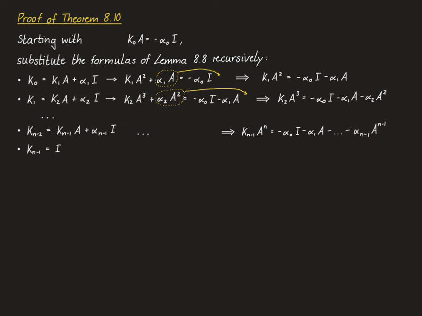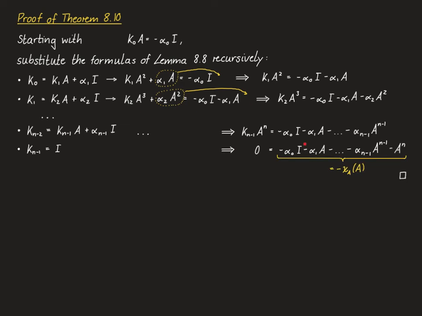Finally, with the last condition that k_{n-1} is equal to the identity, we can substitute the identity at this point here and bring A to the n to the other side of the equation to obtain that 0 is equal to minus alpha_0 times I minus alpha_1 times A minus, and so on, up to minus alpha_{n-1} times A to the n minus 1 minus A to the n.